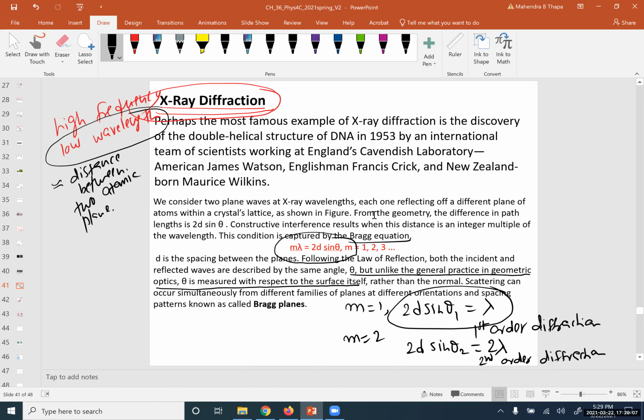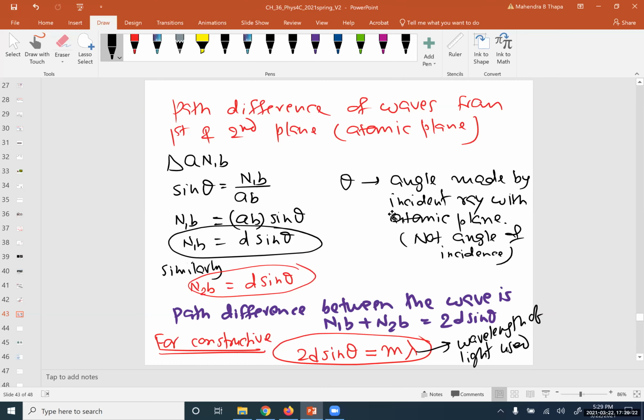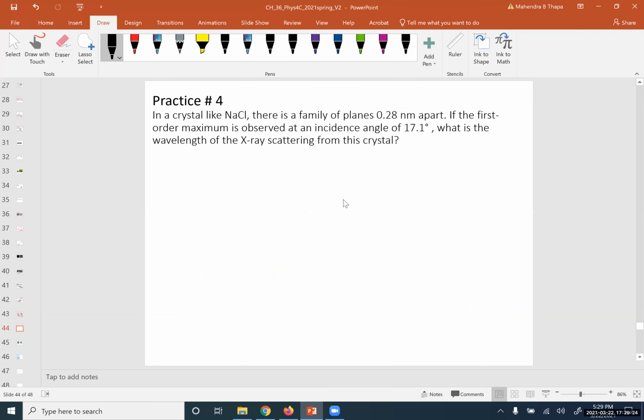The plane we also call Bragg's plane. Bragg's plane is basically the plane between the two atomic planes. So let's move further. If you understand up to this point, you can solve this practice problem.